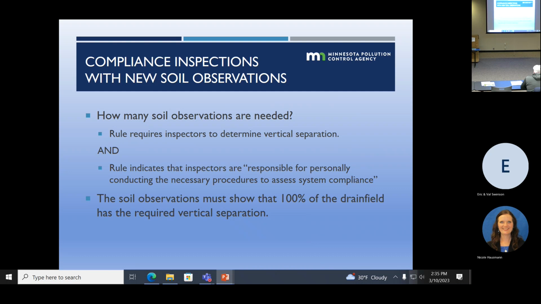Remember, I'm trying to help you and put you in a position to protect yourselves. I know some of you do this anyway, but you don't necessarily write it down. Or you'll do 3 borings, but I only need to write down 1 and you'll just turn that one in. I would highly recommend you take credit for the work that you're doing and write that down in your compliance inspection, that shows, hey, I did a boring on 3 sides of this pressure bed, not just 1.